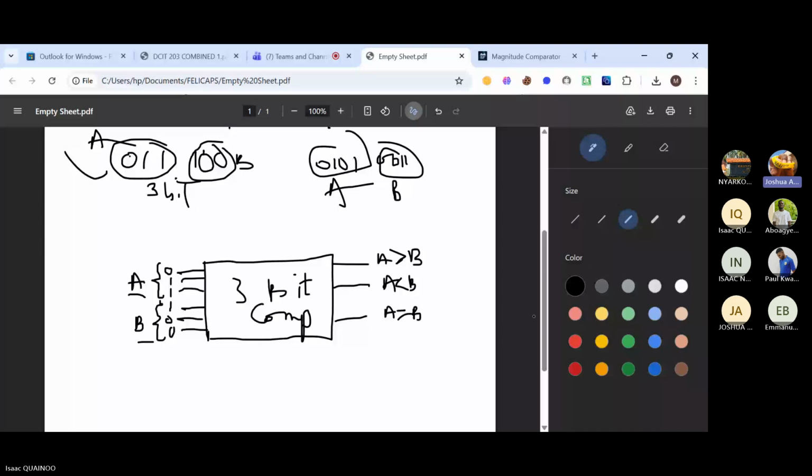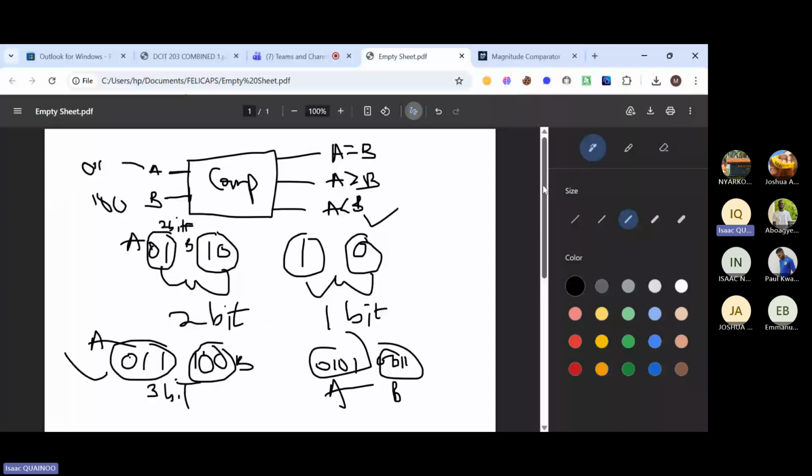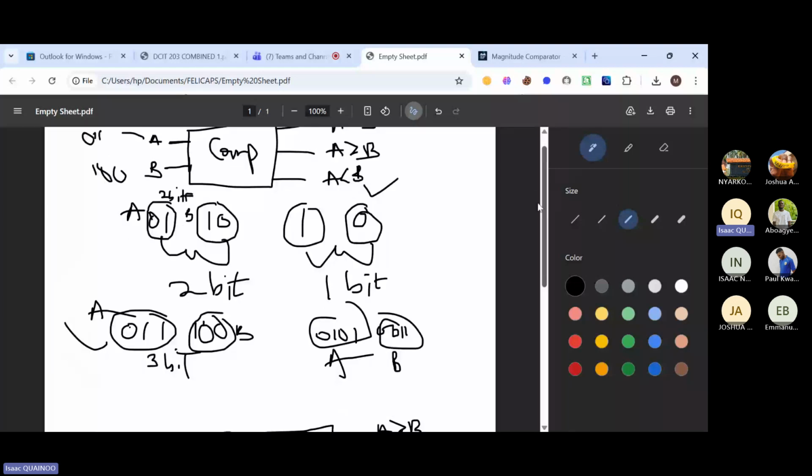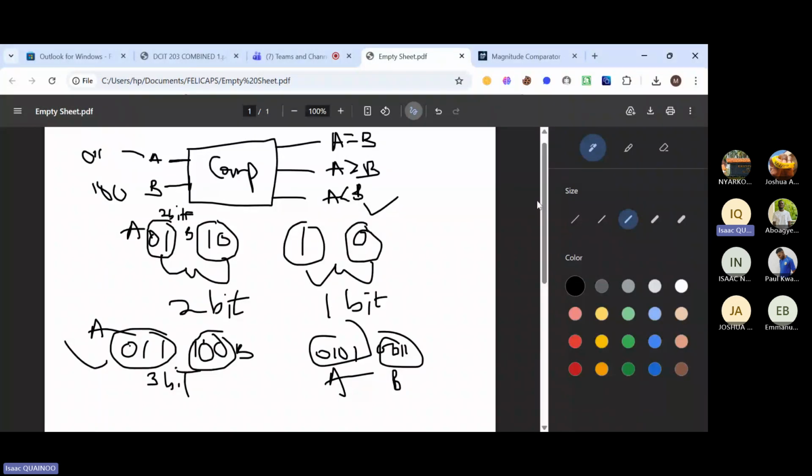Well said, sir. Okay. So now let us look at the truth table of a magnitude comparator. And to illustrate the truth table, I'm going to use a 2-bit magnitude comparator. Okay, so if we're able to understand how to reduce a truth table for a 2-bit magnitude comparator, I think the 1-bit comparator is literally going to be an easy fit for us.